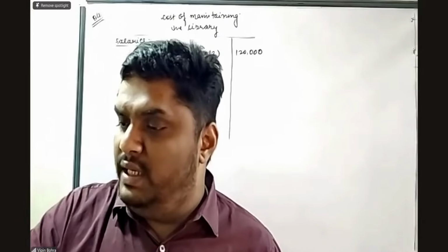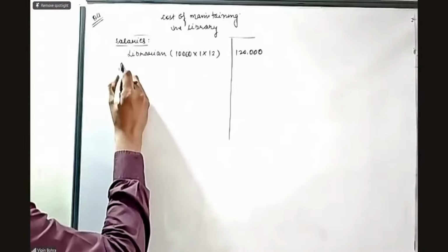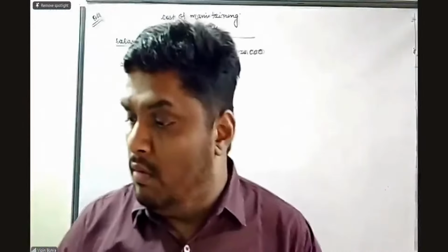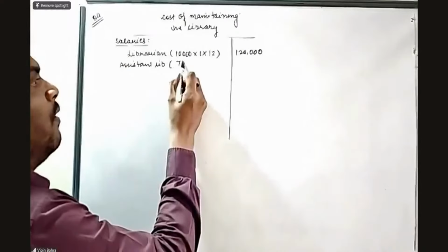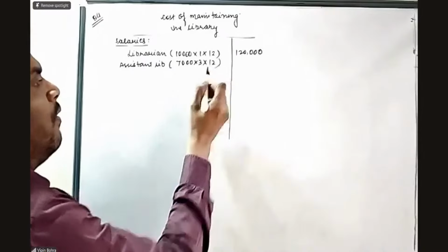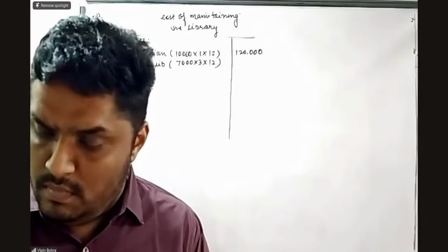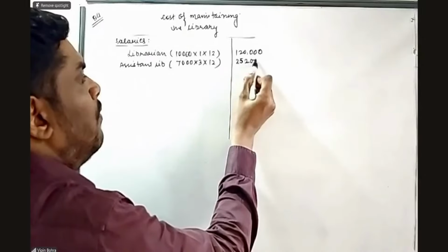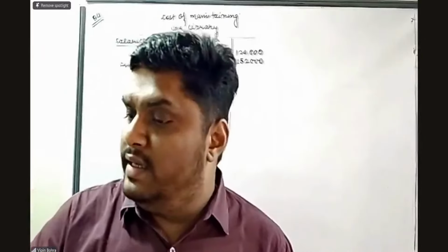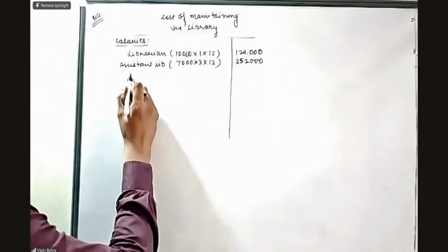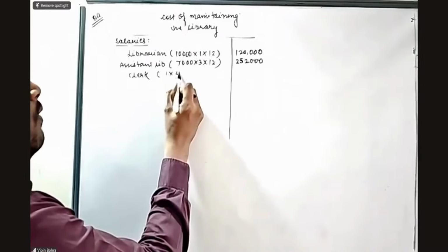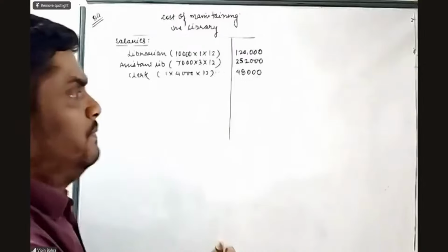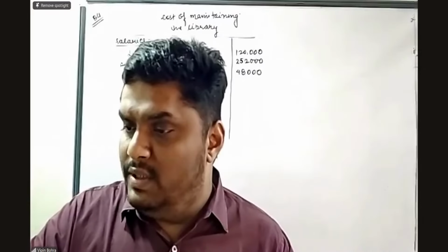Assistant librarian, total there are 3, and the salary is 7,000. Clerk, 1 clerk, and 4,000 is the salary. So this is all about the salary.